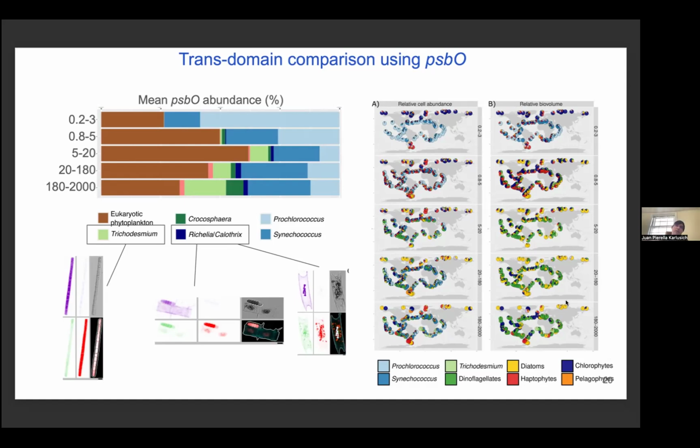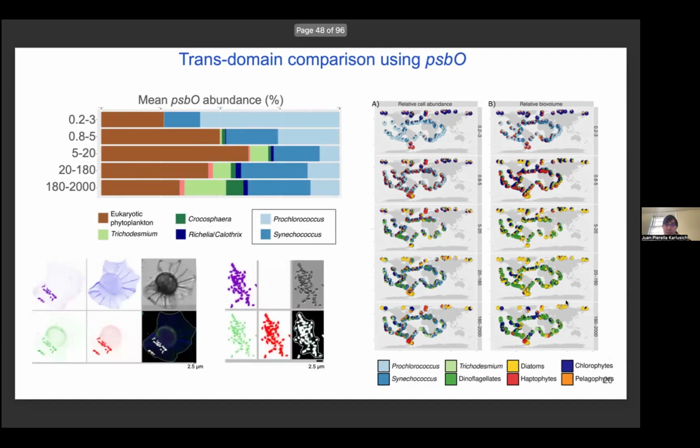So once we detected these patterns for PSBO in the metagenomes, we came back to the confocal images to see if we could find something that supports the presence of picocyanobacteria in the larger size fraction.